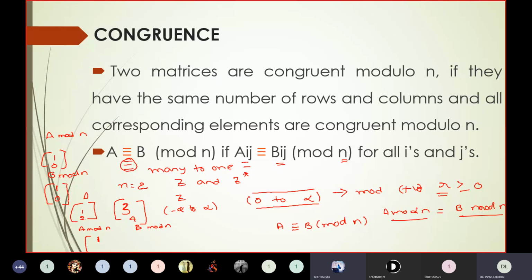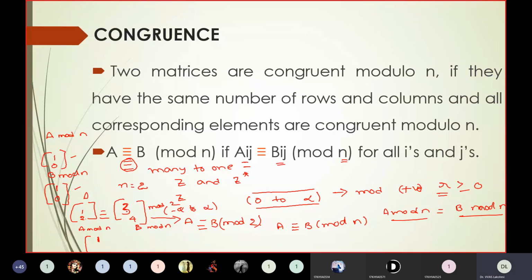By calculating the modulus of the individual elements, we get exactly the same values in both mod matrices. So in this example, these two matrices are congruent modulo 2. This is simply noted as A is congruent modulo of B mod 2. This is the congruence matrices.